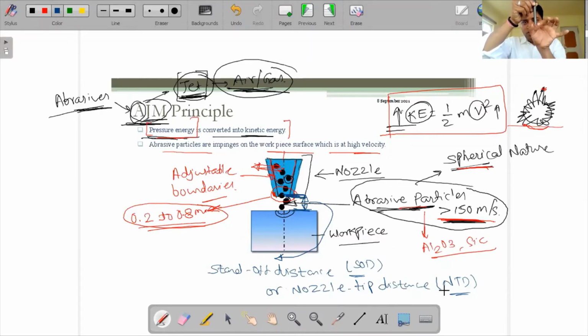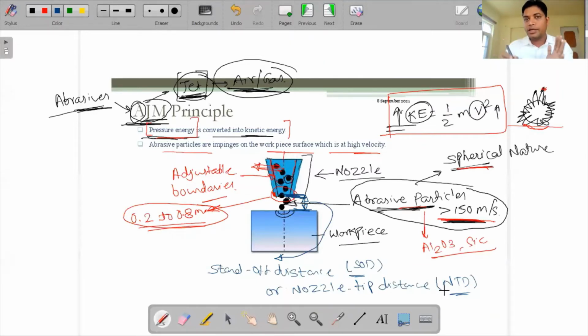Then this area is increasing, so when they impinge over the workpiece surface, the area increases, meaning more particles cover more area. When the standoff distance was very small, all the abrasive particles were impinging over a small area.